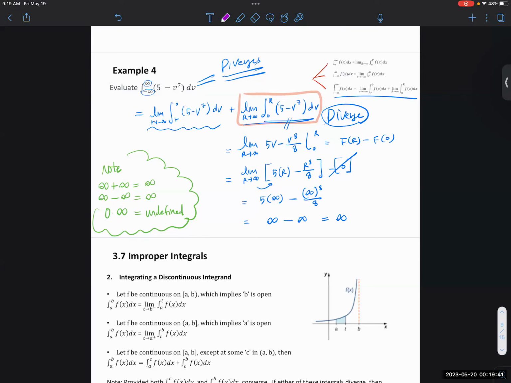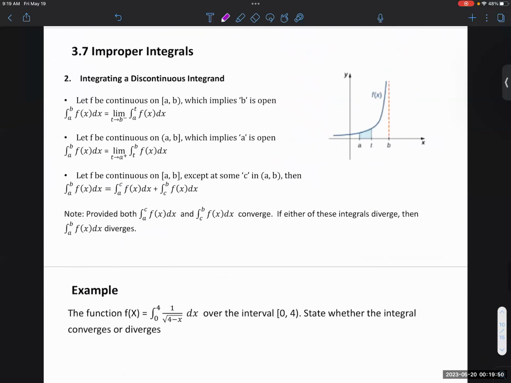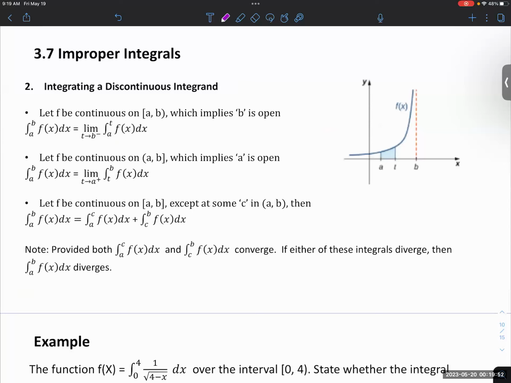So let me introduce the second concept in terms of the improper integral. Let's go. The improper integral, as you know, is very unique in terms of the range. So here are more interesting cases. Sometimes it's not just talking about infinity. Maybe you can think about interval notation.